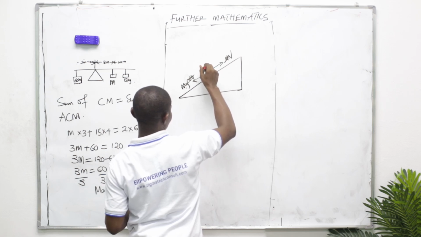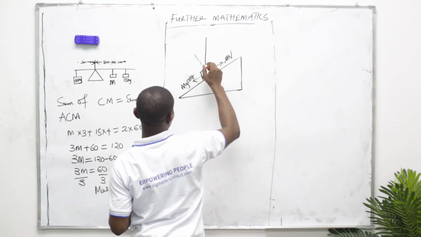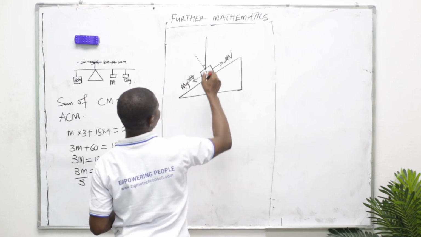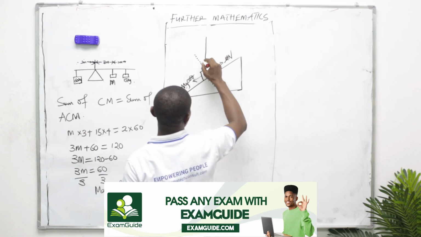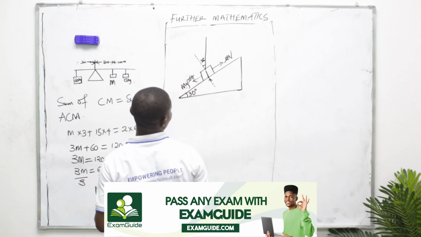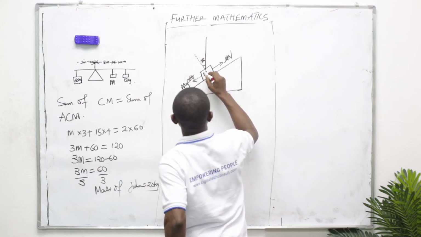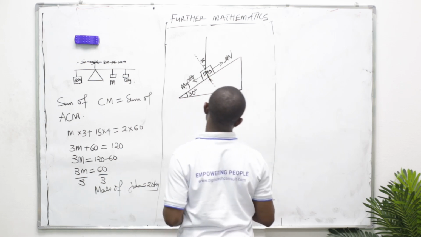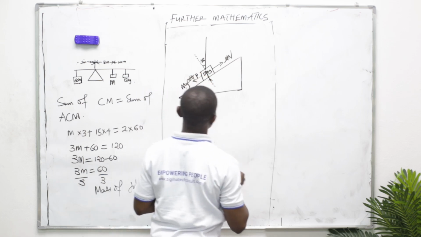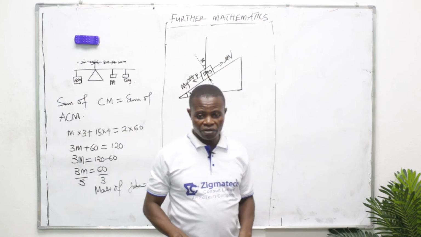So if this makes an angle of 30 degrees, the mass of this body is 12 kg. So P is somewhere here. Our interest is to find the value of P.